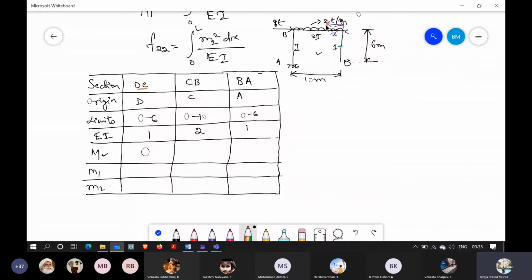Only the 2 ton per meter is applied. So I can write 2 into WL square by 2. L is here X, so W into X square divided by 2. This 2 gets cancelled, so this becomes X square only.